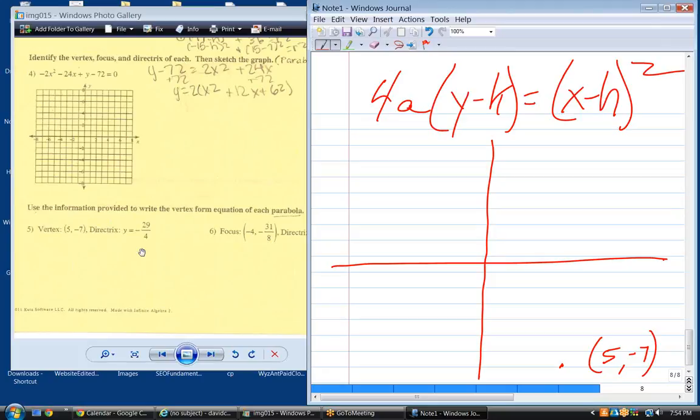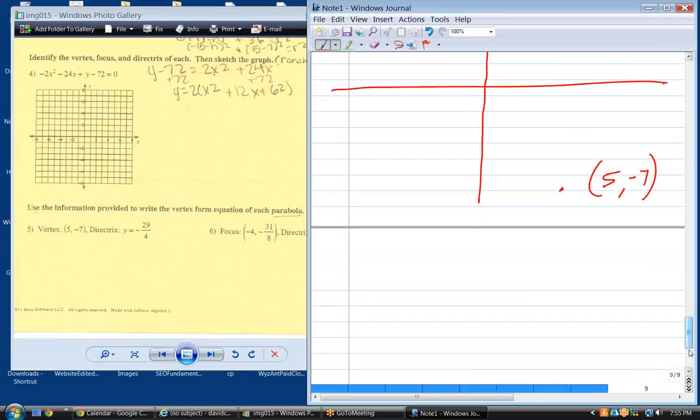Oh, negative 29 over 4. Which is what proper number? It's minus 7 1/4. Which means the directrix is down here, 1/4 point below that vertex.